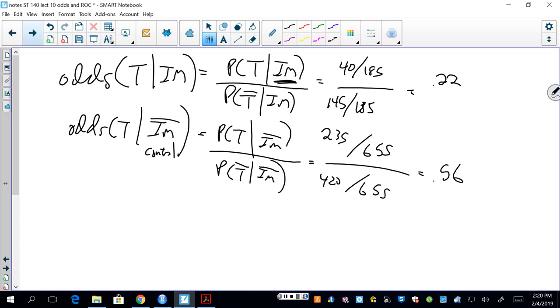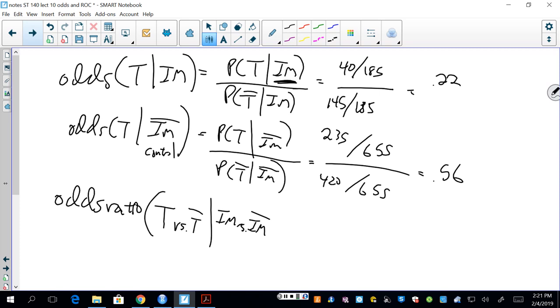So there's one measure of association, right, that would suggest that people that don't have the disease are less likely to have tonsillectomy. Well, they actually are more likely to have tonsillectomy. So maybe the tonsillectomies prevent the disease or something. So the odds ratio for T, now this is versus not, among the IM versus the ones that don't have the infection. Sometimes in the medical field things are written as just the odds of this versus that.